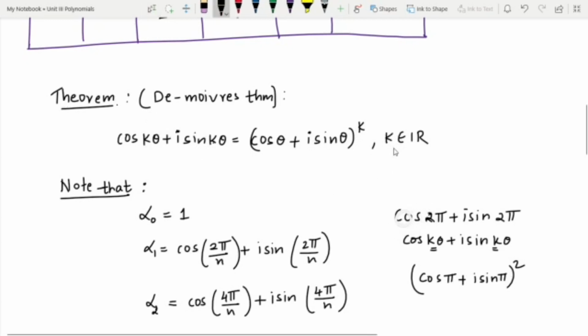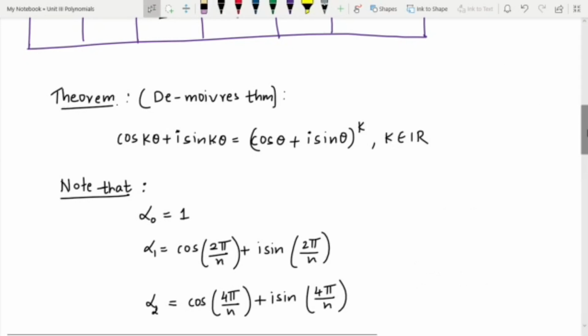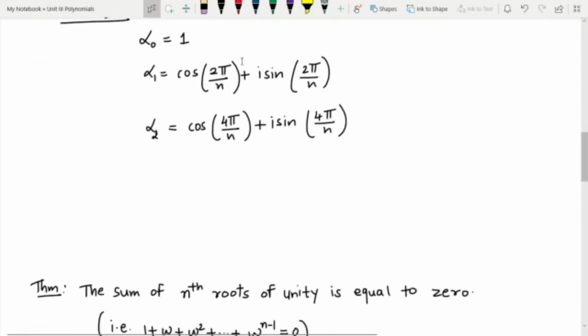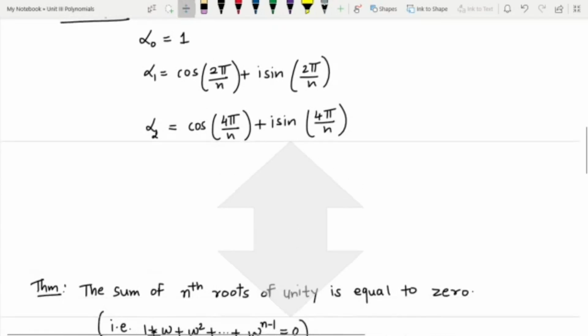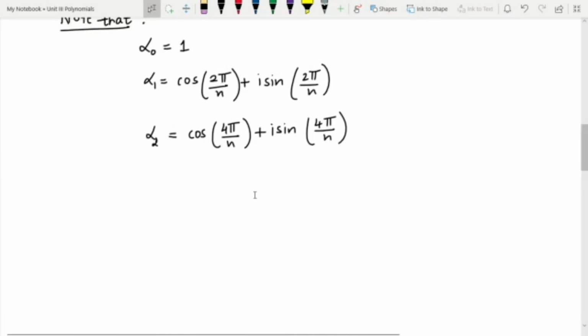Now this formula will be essential for us to introduce a notation among the roots of the polynomial x raised to n equal to 1. We already know that this is our alpha 0, this is alpha 1, and this is alpha 2. Now focus on alpha 2.